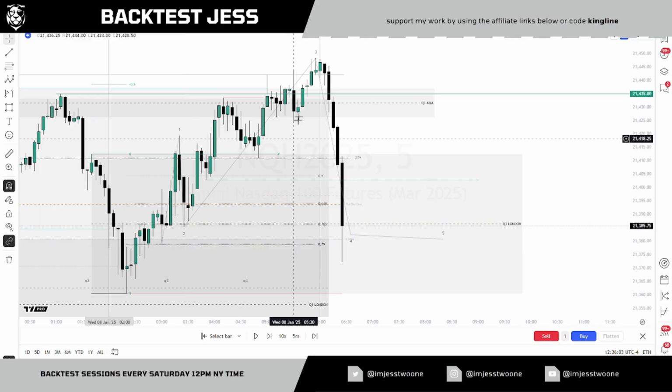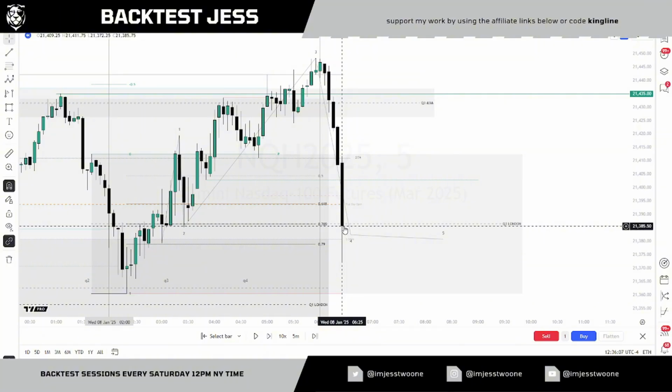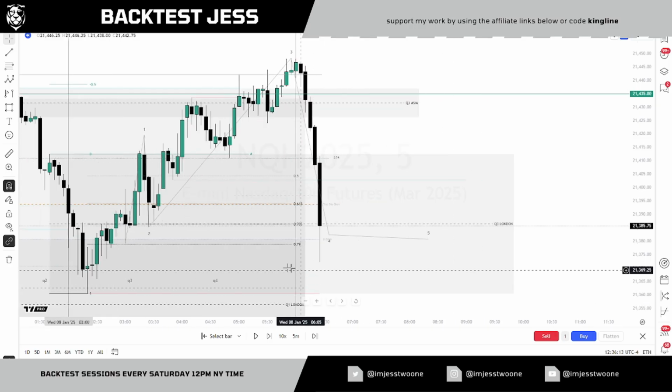But again, the requirement has to be SBS 2, 4, or 5. So the sweep of 2 here is now when we can actually take a trade out of this area. Now that we have the sweep of 2, we can enter on either 0.70 or 0.79 after the sweep has occurred.